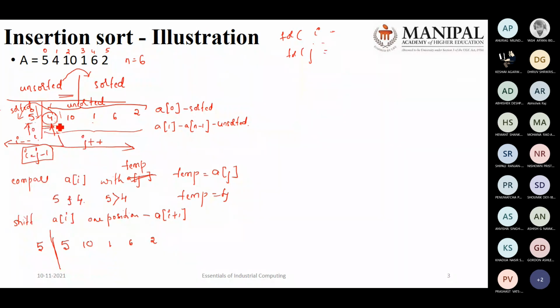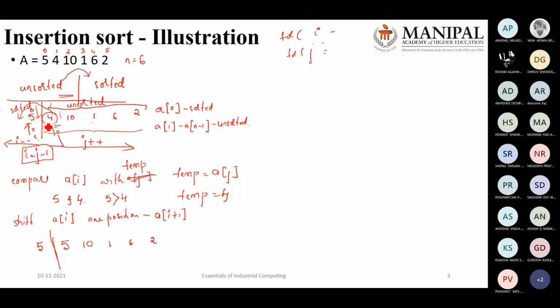The j pointer is pointing to the first element of the unsorted list. You are comparing 5 and 4. Since 5 is greater than 4, definitely you cannot insert this 4 at the end of the sorted array. Then you need to shift. It is actually that you need to swap the positions.